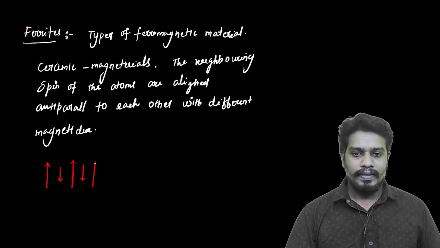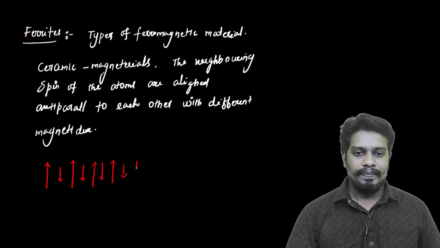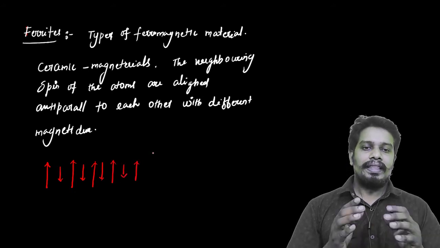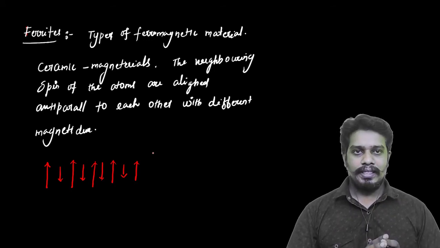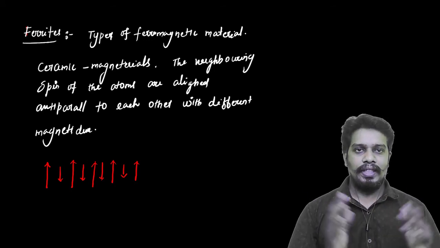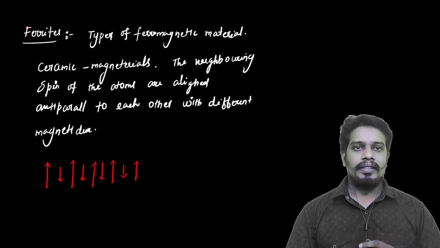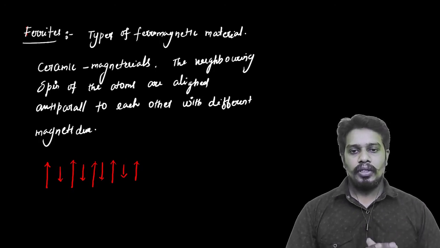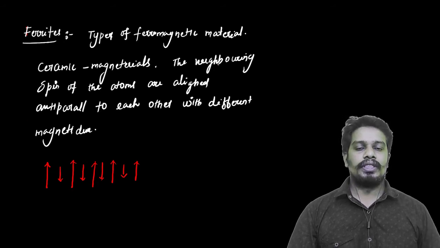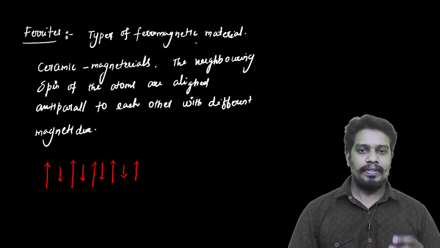So the resultant is a net magnetic field even without any external or applied field. That means the ferrite in the free state shows good magnetic behavior. This is the short introduction to what we mean by ferrites.